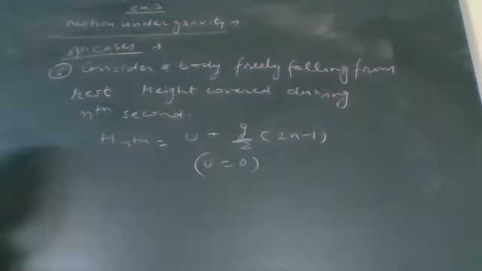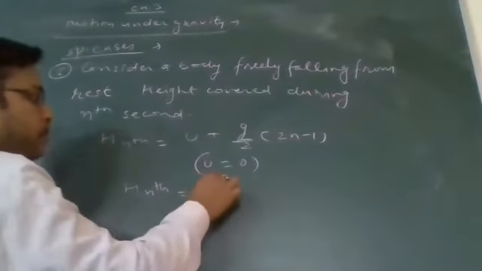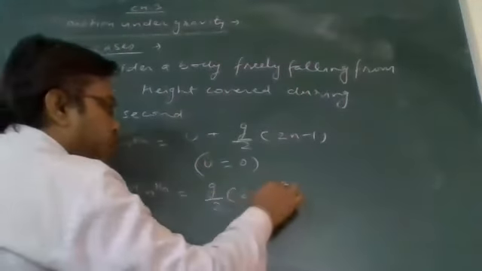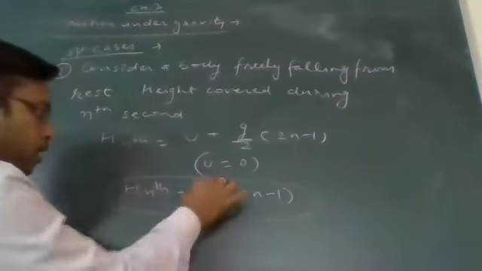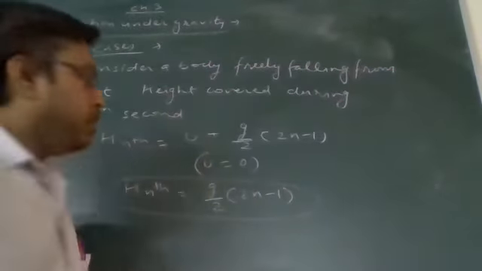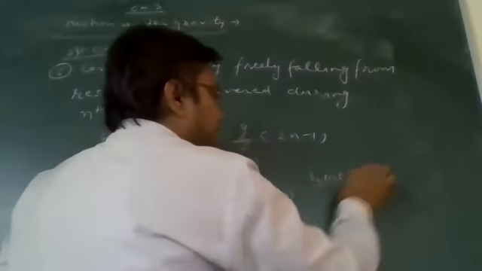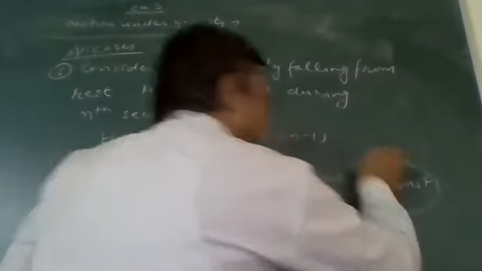Then what remains of the h_n formula? h_n will be g by 2 times (2n minus 1). In this formula, it is clearly visible that the value of g by 2 is always constant.